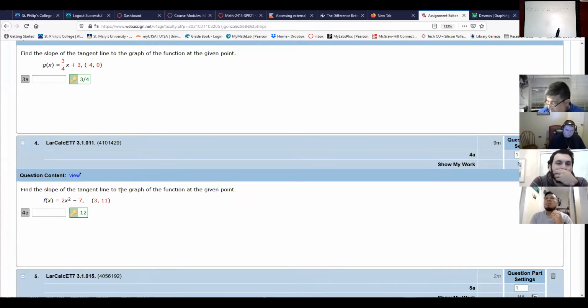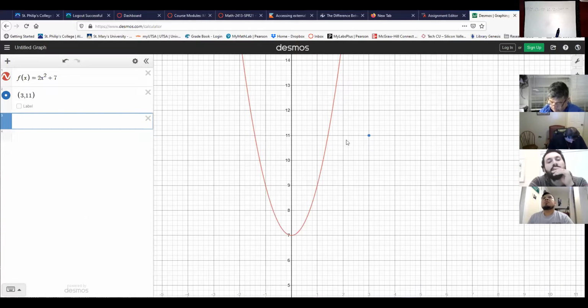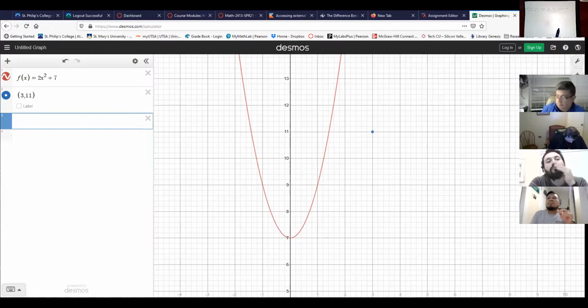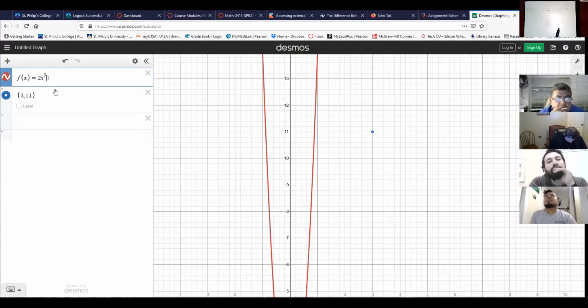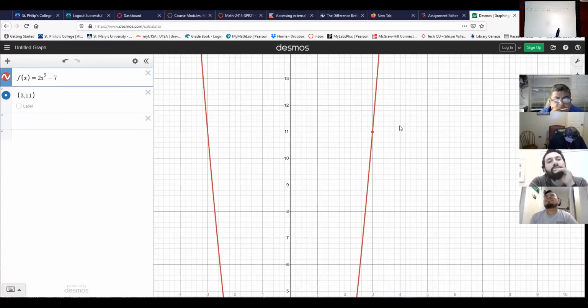Find the slope of the tangent line to graph the function at the given point. Two x squared plus 7. I'm like, something is wrong here. There we go. Why is it off to the side?